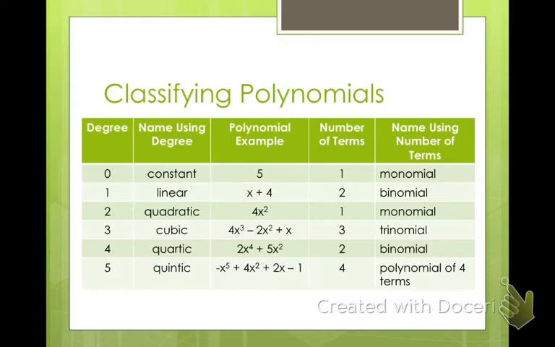So you put these things together, it'd be like a quadratic monomial. The next one, 4x cubed minus 2x squared plus x, is cubic, and there are 3 terms, so trinomial. X to the fourth is quartic, and then quintic is to the 5th power, and anything more than trinomial is a polynomial of 4 terms, or after quintic you just say 6th degree polynomial.